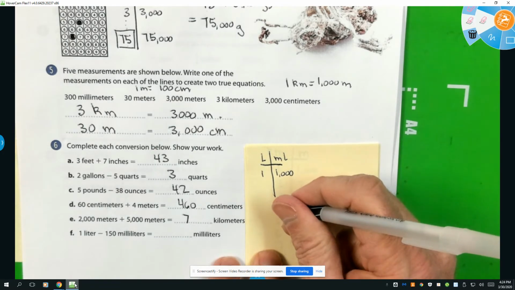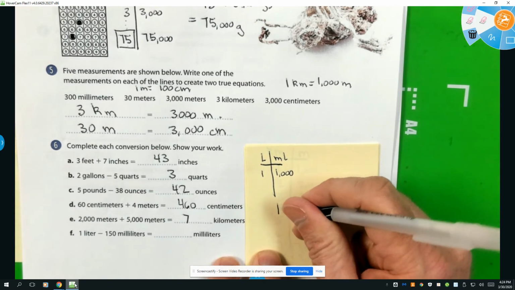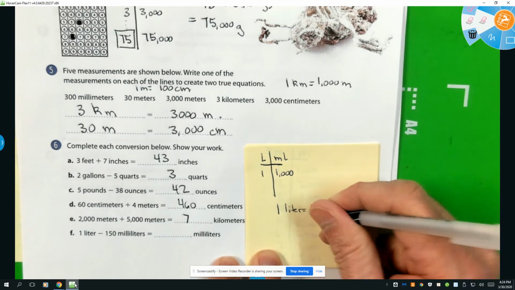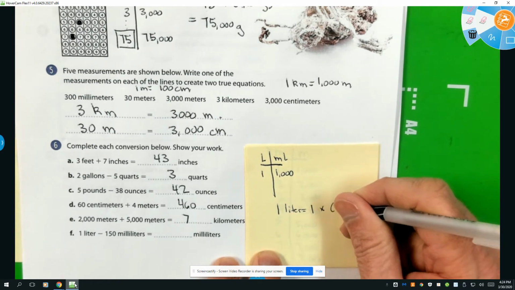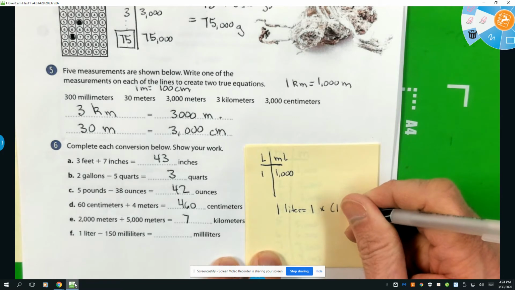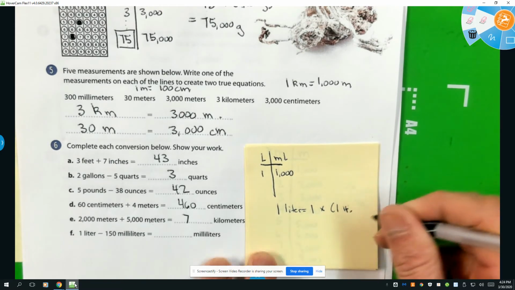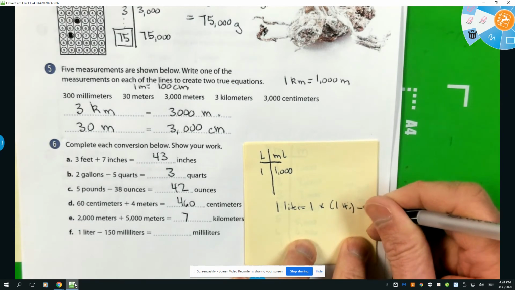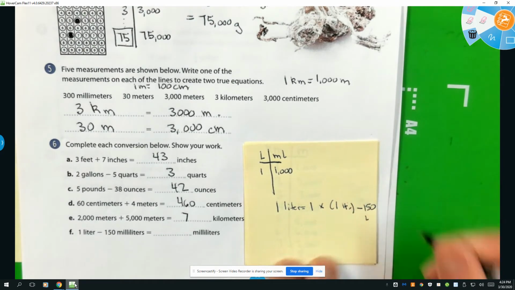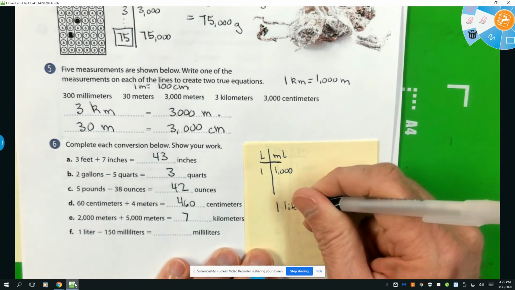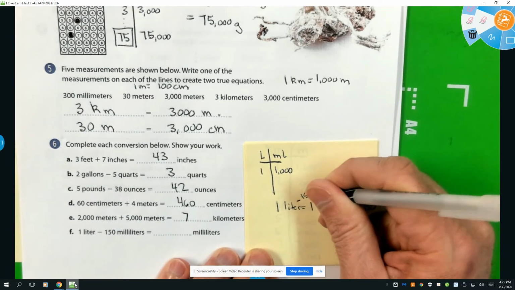So I can take 1 liter equals 1 times 1 liter. Okay? Minus 150 milliliters. And I forgot to write my minus 150 up here.